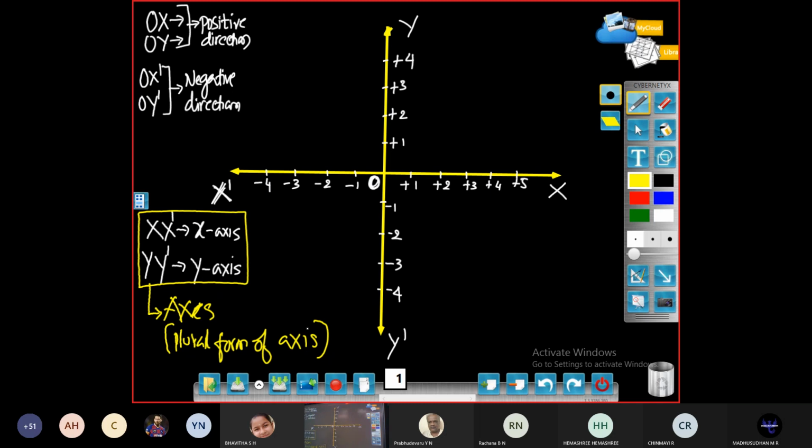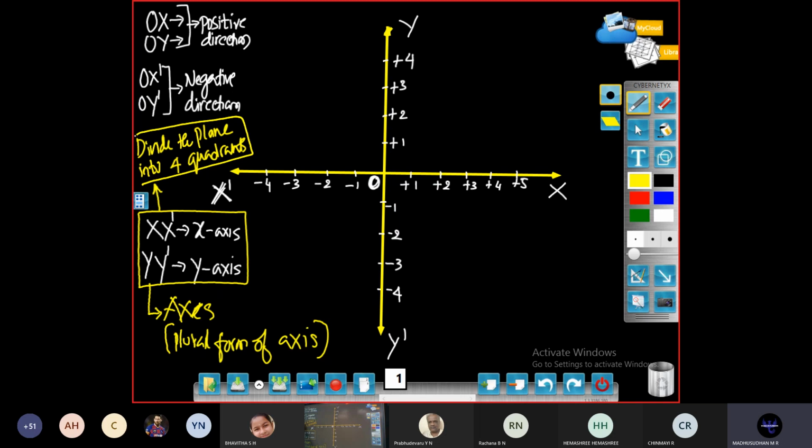Now you can see both these axes divide this plane into 4 quadrants. What do you mean by quadrant?